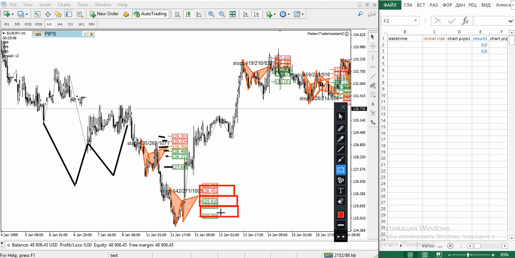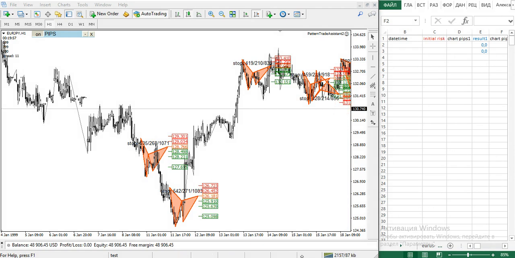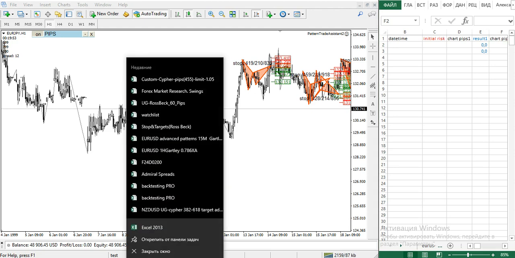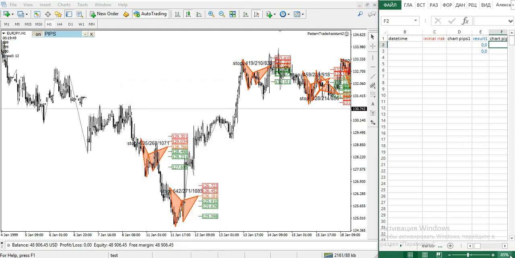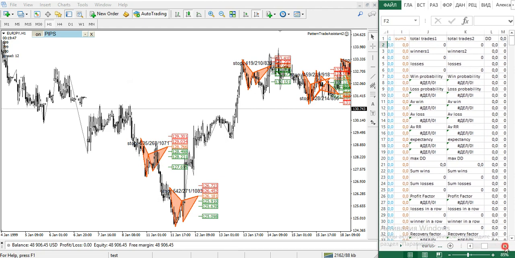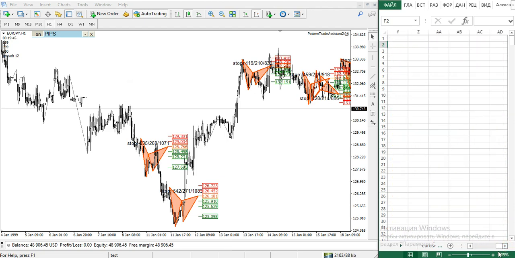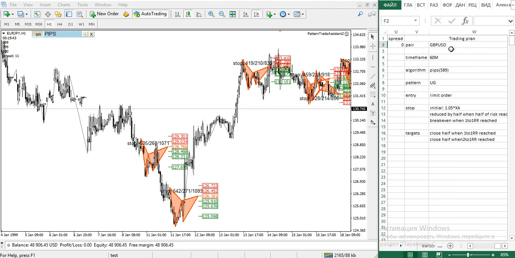So the second take profit is twice greater than the risk, and the first take profit is equal to the risk, and the trade plan for this opportunity looks this way. So let me show it to you. The pair is Euro Yen for now.